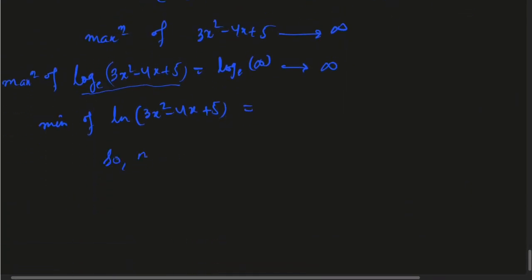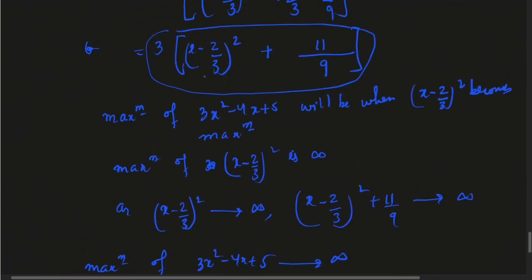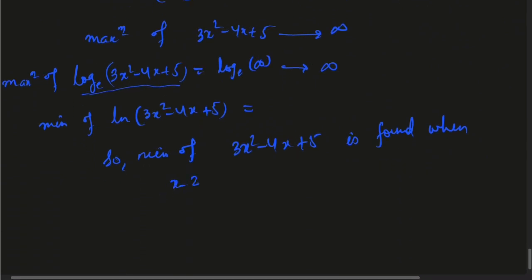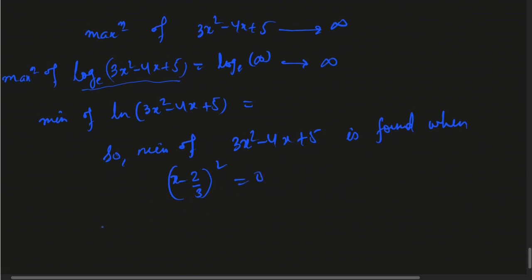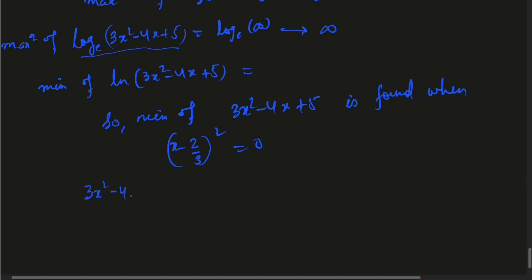So the minimum of 3x square minus 4x plus 5 is found when x minus 2 upon 3 whole square equals 0, and when this becomes 0, the function 3x square minus 4x plus 5 becomes 3 into 0 plus 11 upon 9, which is 11 upon 3.